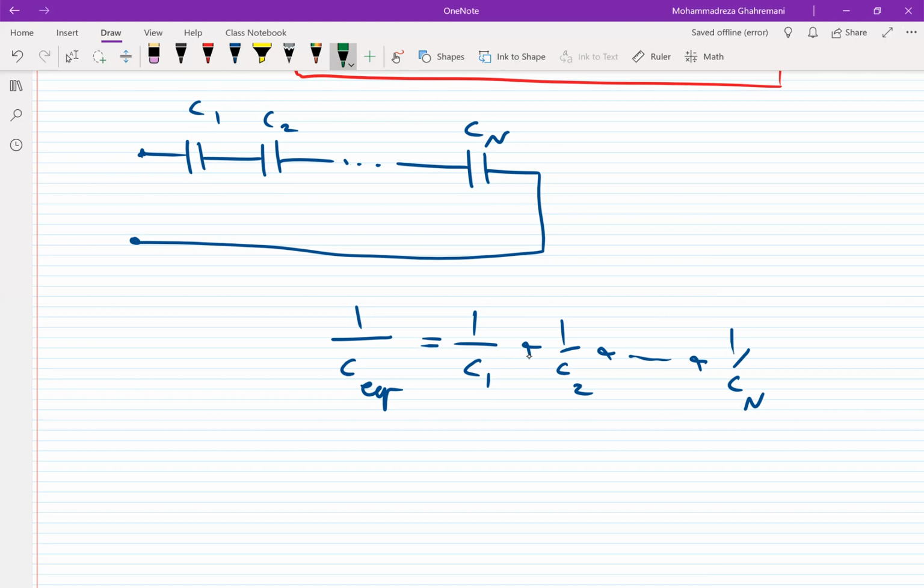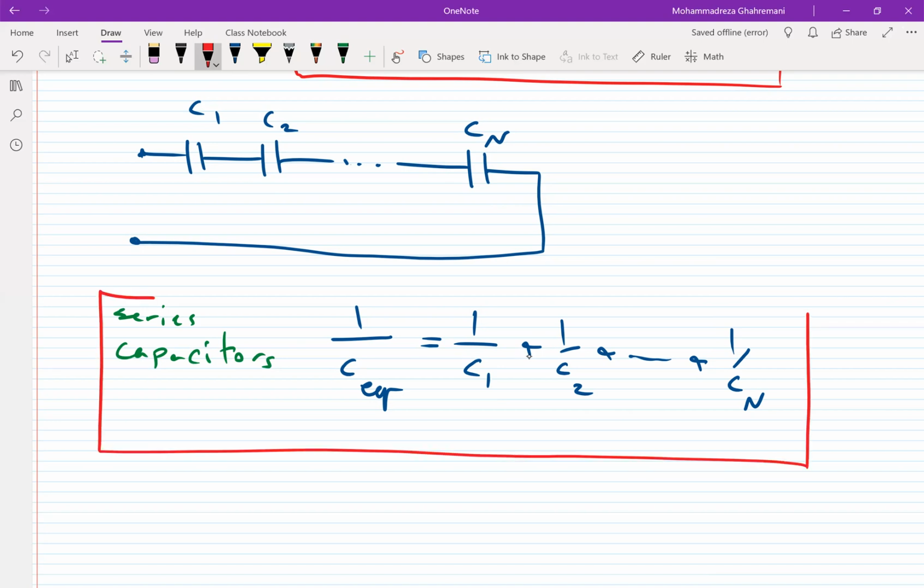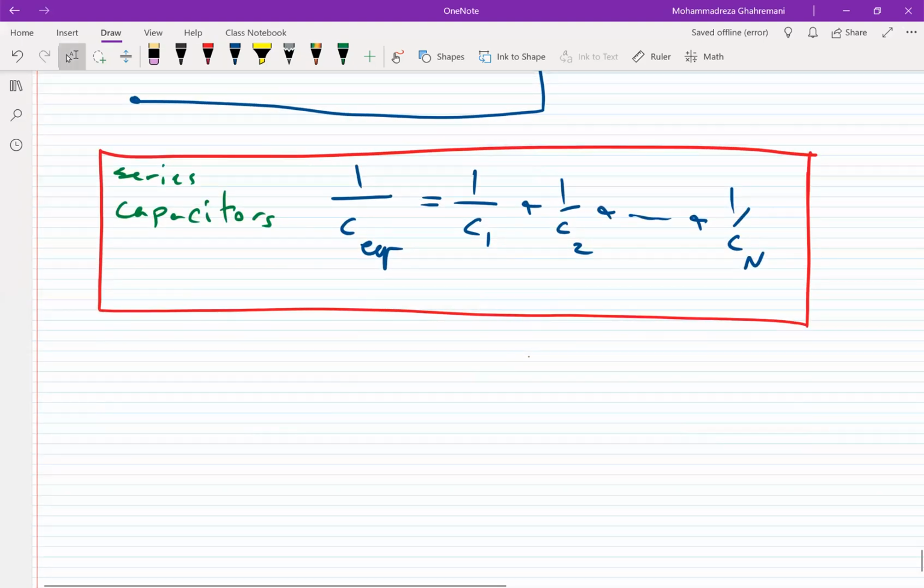So for series capacitors, we can use this equation to find the equivalent capacitance.